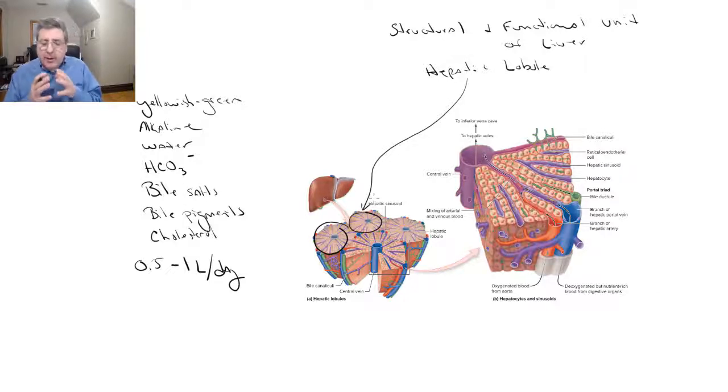Now the hepatic lobule is made up of a variety of different structures, and one of the structures is going to be hepatocytes. Hepatocytes, liver cell. So you can see these individual cells here. Those are hepatocytes.